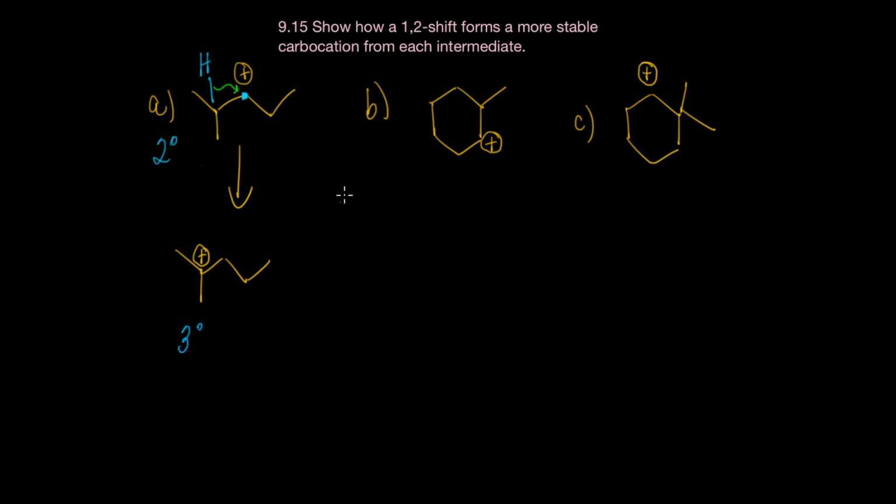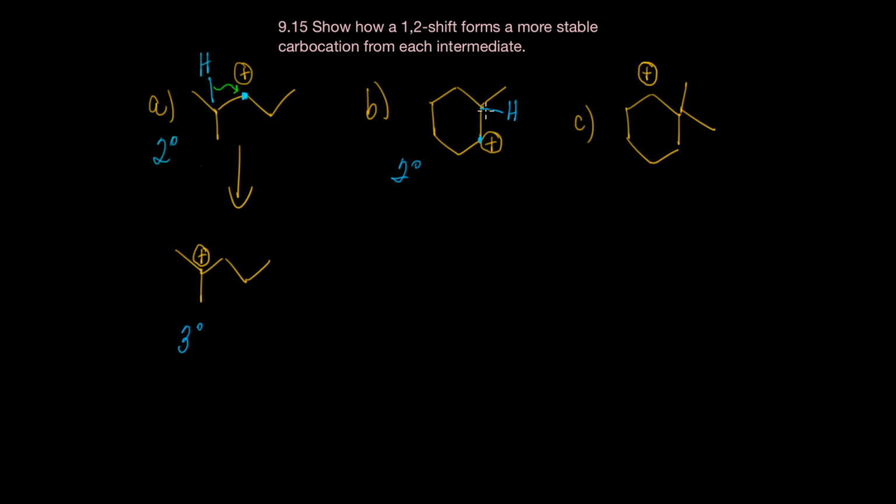Okay, let's repeat the same process here. Let's dot this carbon here, and we can see how starting out it's a secondary carbocation. Let's see if we can locate a tertiary hydrogen next door. Over here, these are just secondary hydrogens, but this hydrogen here is a tertiary hydrogen.